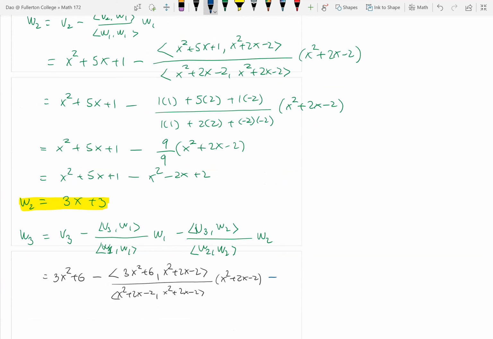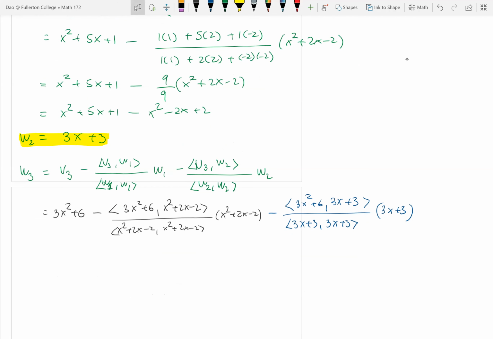And then minus the inner product of 3x squared plus 6 with 3x plus 3, and down here, the inner product of 3x plus 3 with 3x plus 3, times 3x plus 3. And then you simplify and you get your answer.